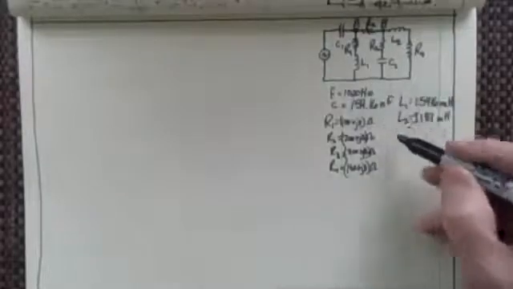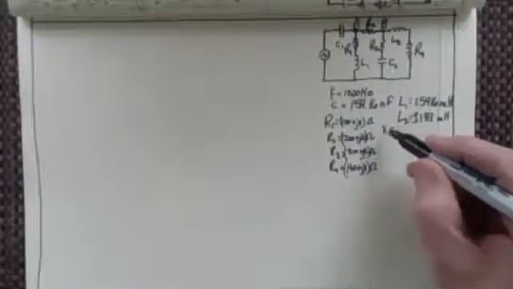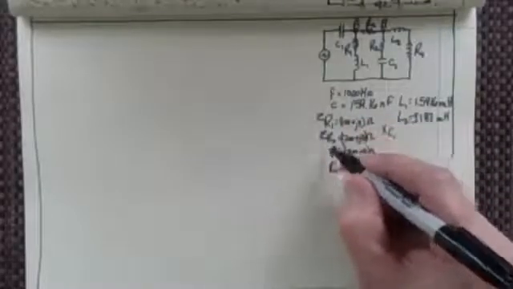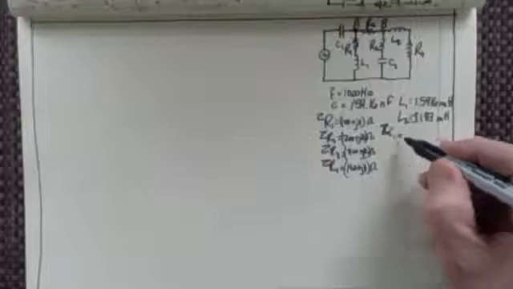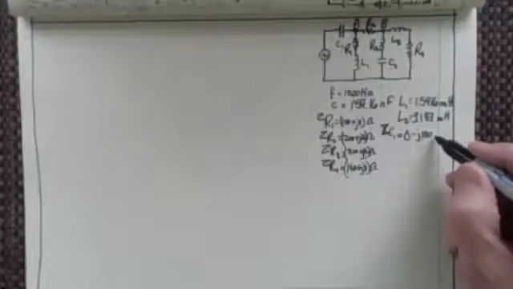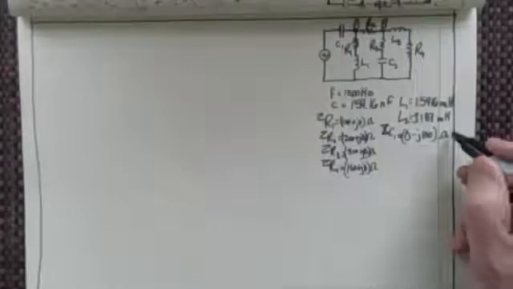If we look at the individual ones for C, this should really be the impedance for all of these, because I'm writing them out as impedances. So why don't I write C1 out as an impedance too: 0 minus J100 ohms, and that also equals C2.